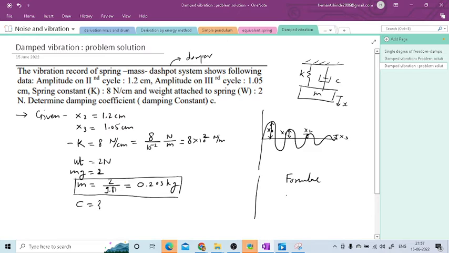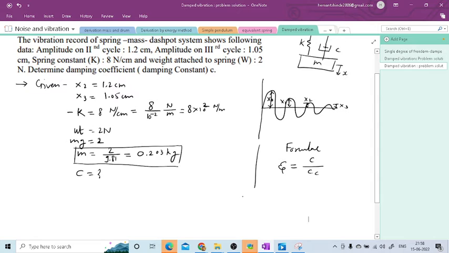In which formula is this C going to come? It will come into the formula of zeta. Zeta is the damping factor, C divided by Cc. So if we know the value of zeta and Cc, then we will get this C. So to get this C, we will have to determine zeta and Cc.